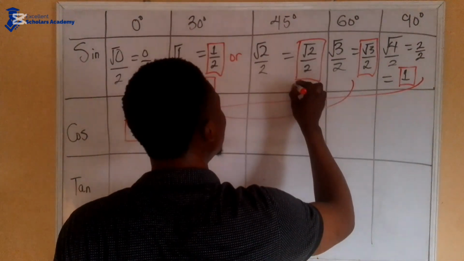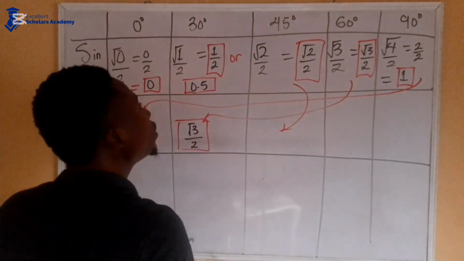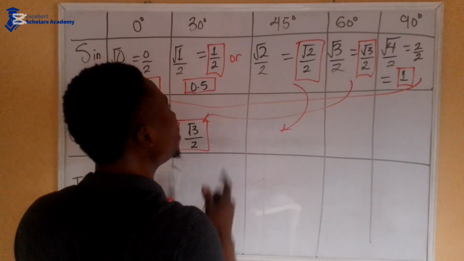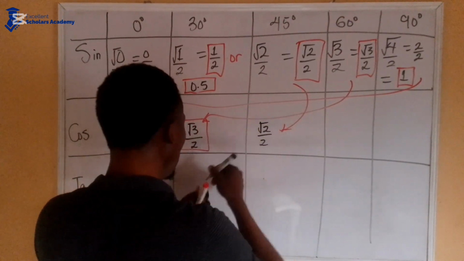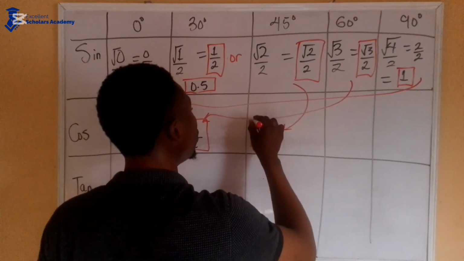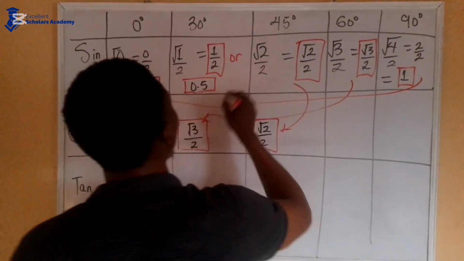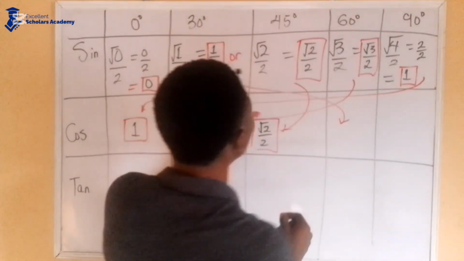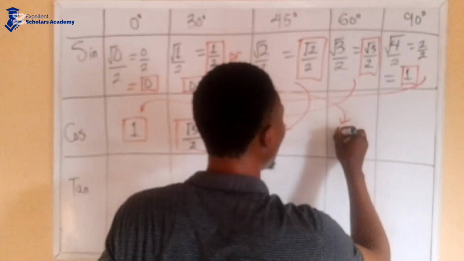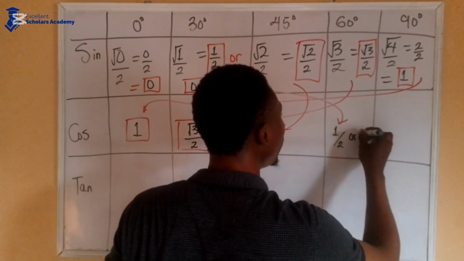Now reverse this one. It shows that cos 45 is root 2 over 2. Cos 45 gives us root 2 over 2. Now reverse the next one. It shows that cos 60 is going to be 1 over 2, or 0.5.